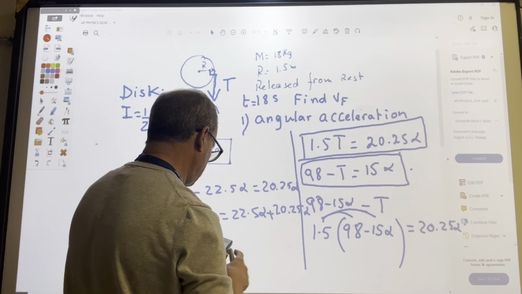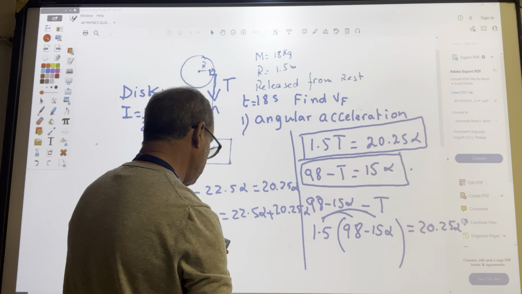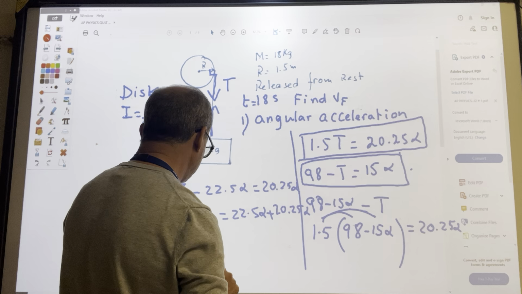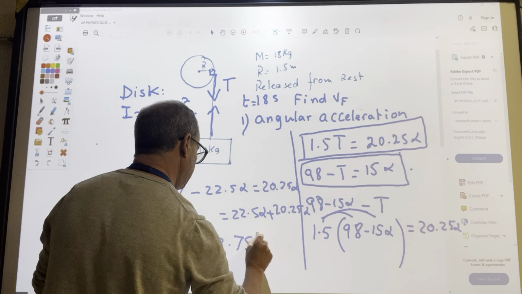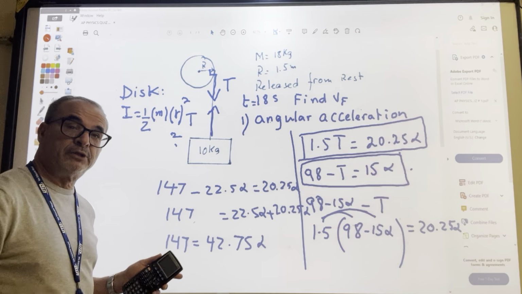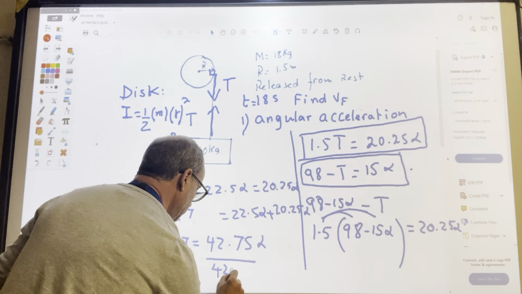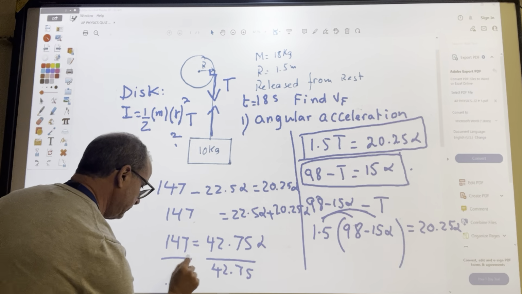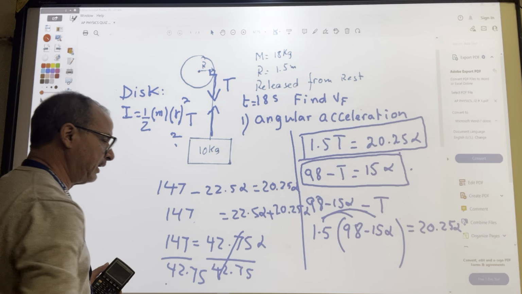They both have alpha, so I combine them. 22.5 plus 20.25 equals to 42.75 alpha. All right, and what do I do now? I divide 42.75 on both sides. All right, and then I get my alpha.